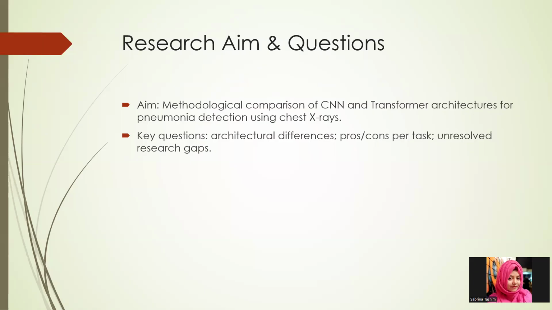The second one is, what are the strengths and limitations of each approach in medical image classification? And the third one is, what research gaps still remain unresolved in current deep learning based pneumonia detection studies? So these questions guide the analytical structure of this research.